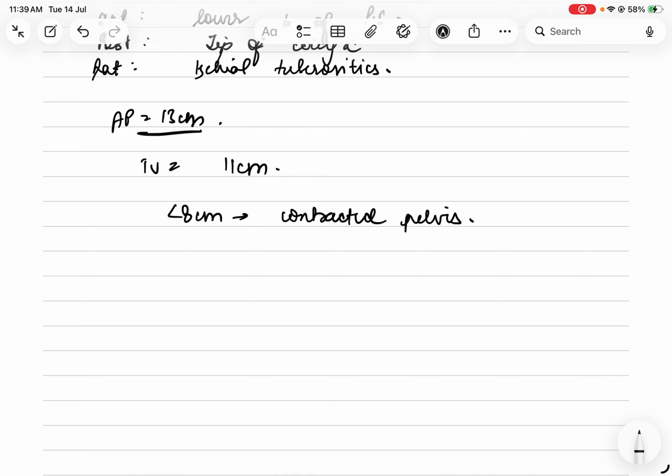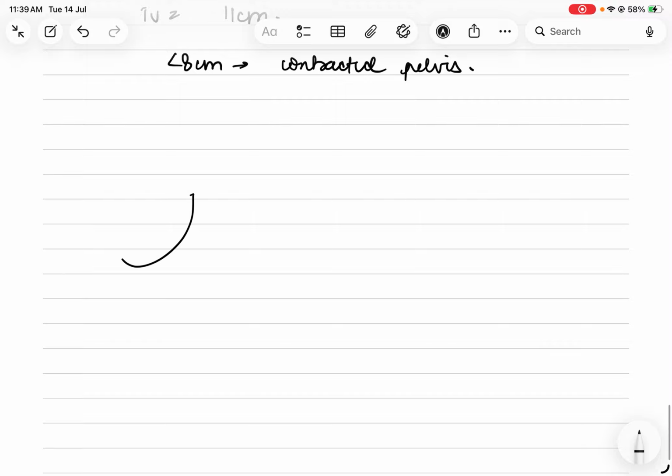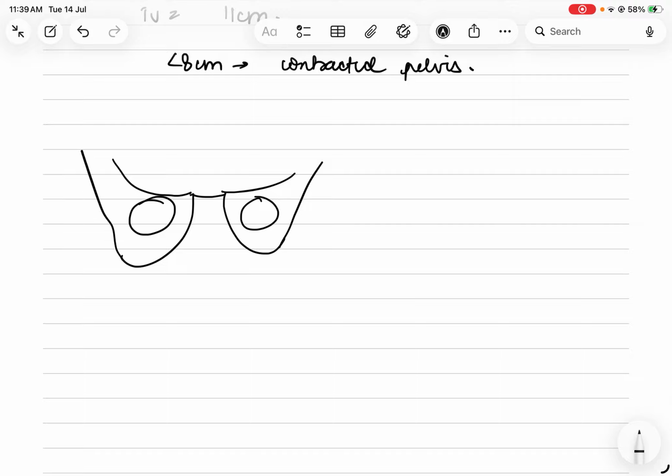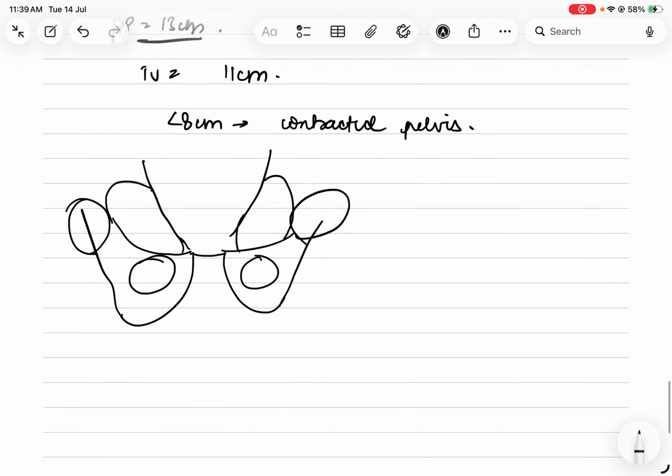Now next we have the angles. For example, this is the bone. This is the pubic symphysis, right? This is the hip bone. This is the cavity where the femur will articulate. This is like your sacrum bone.